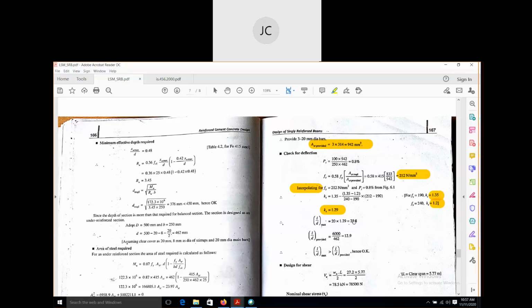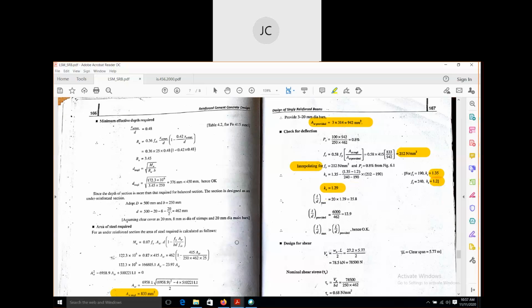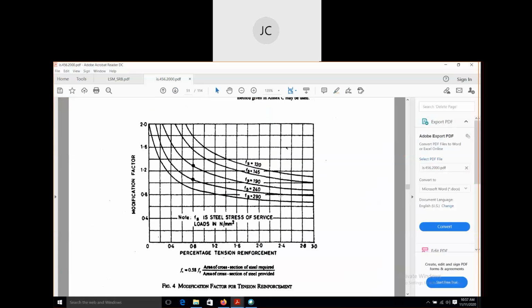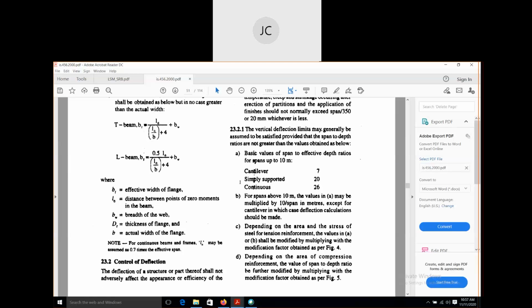Now how to find out the next part? After getting the modification factor, we have to find out this ratio L by D max, that means the maximum value of L by D ratio for this beam. Since this is a simply supported beam, according to IS 456, the L by D ratio for a simply supported beam up to a span of 10 meter is 20.